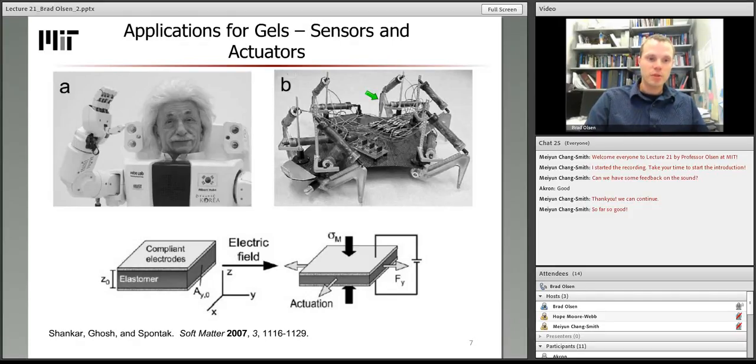And examples from, for example, Rich Spontak's group at NC State, where they have looked at soft actuators where they use copolymer hydrogels and then apply electric fields to these materials, and the electric fields create deformation in the material, which causes actuation.